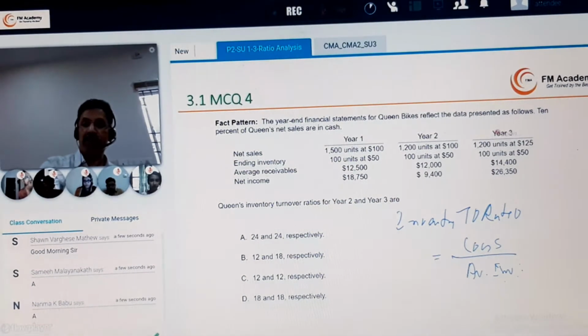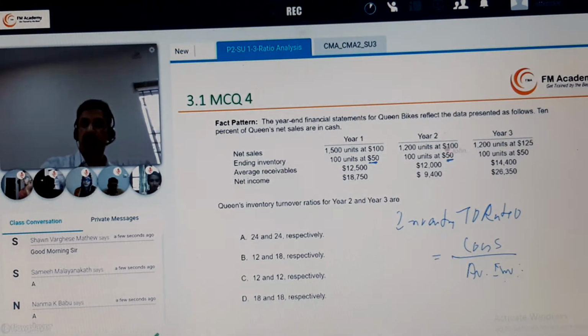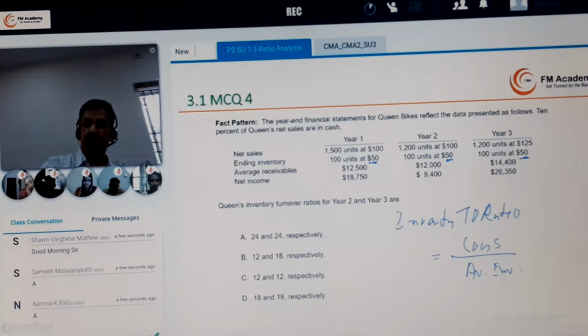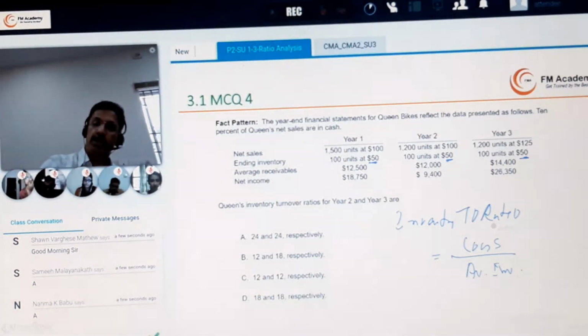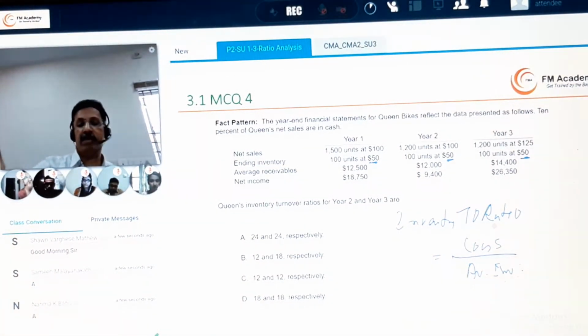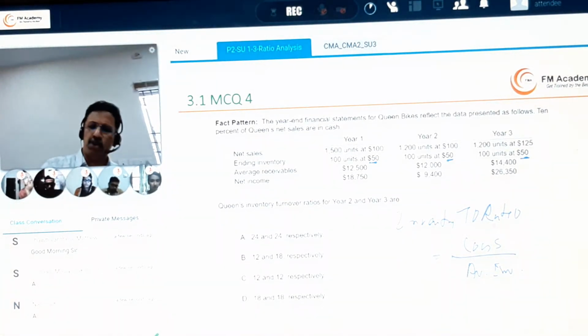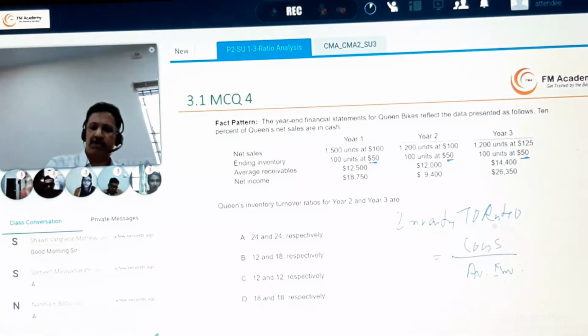So you will have to take the given cost. If you see, Year 1 it is $50 cost. Year 2 it is $50 cost. Year 3 is also $50 cost. So you don't have to multiply the number of units sold with the same cost and then divide by the same cost, because it will be a futile exercise. Even if you don't do it, you will get the same answer. So you just do with the quantity itself, it will be correct.